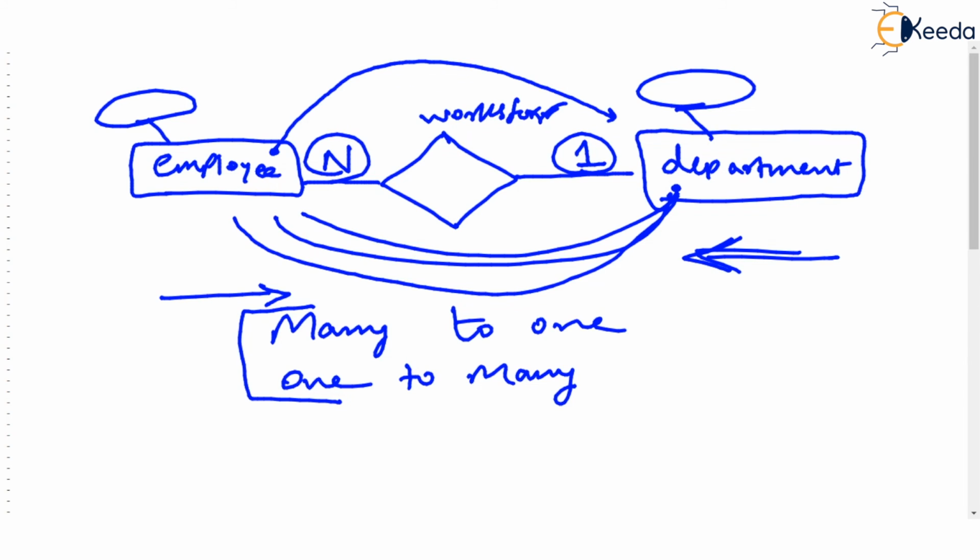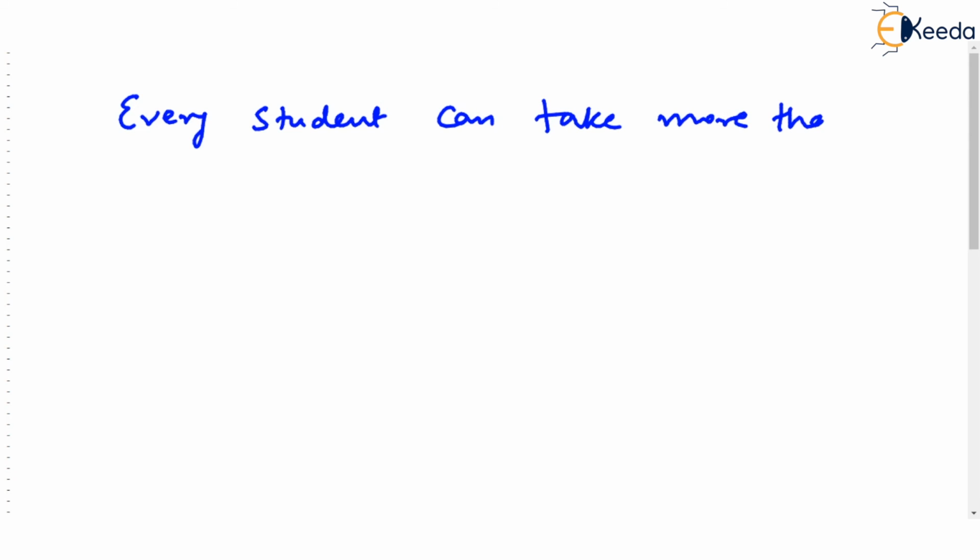Let's take one more example. Let's say our college library has the following rule that every student can take more than one book. More than one book. I'm glad I have not seen such a library where any number of books are allowed to be taken by a student.